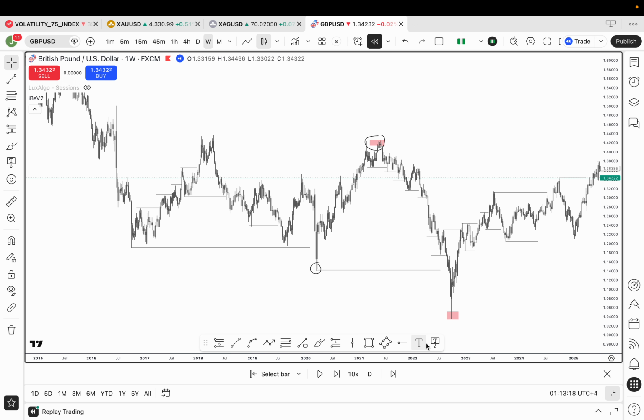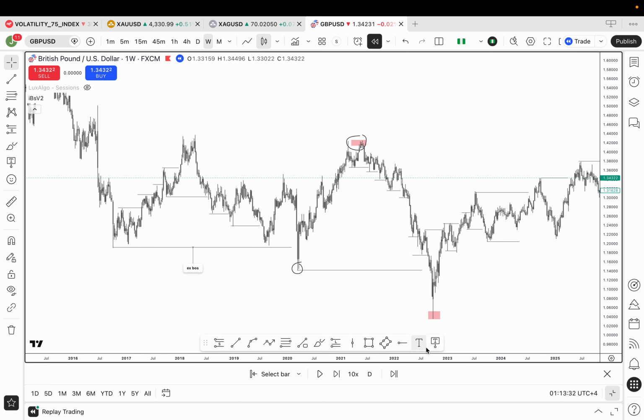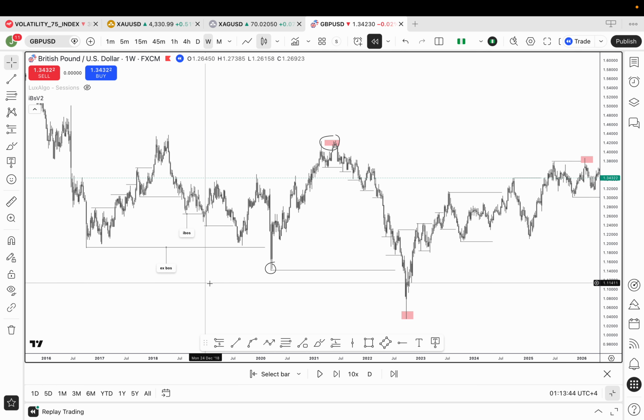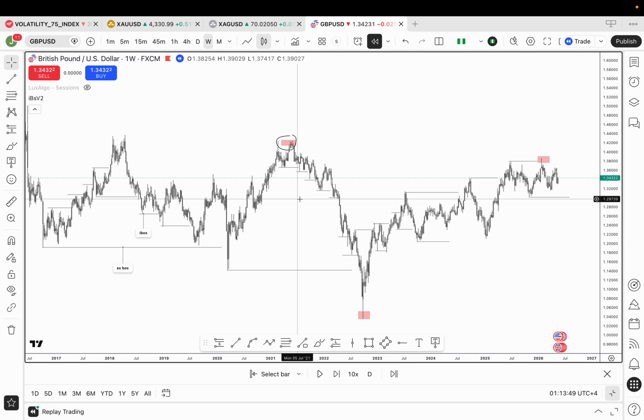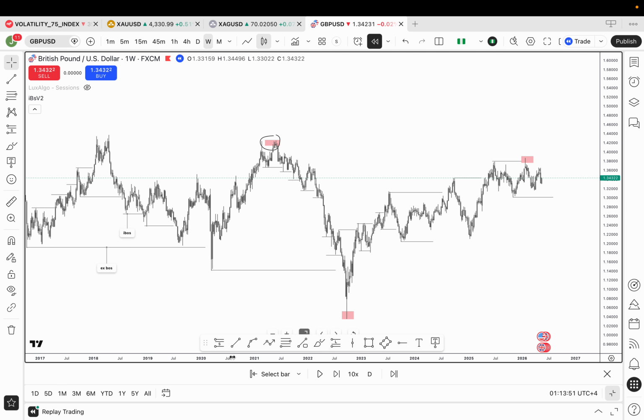So this represents the external break of structure. For the external break of structure, just say X box, then this you say internal box, okay. All these are internal breaks of structure, I box and X box, okay. So this is how easy it is to spot your highs and your lows.